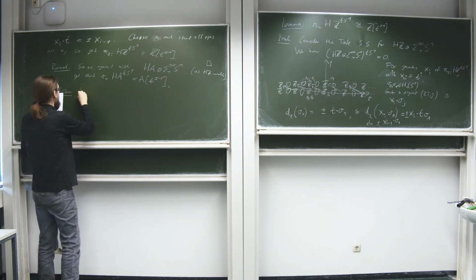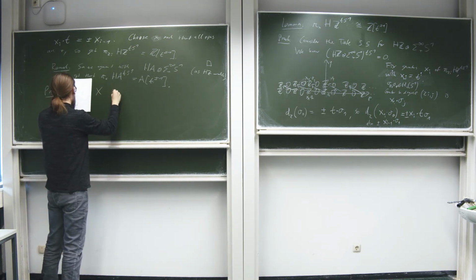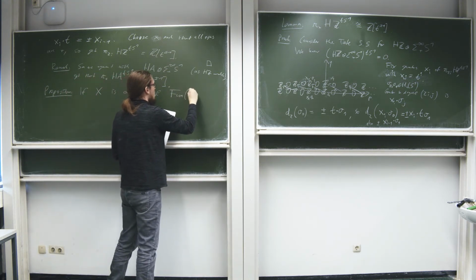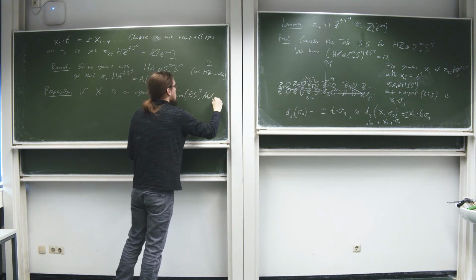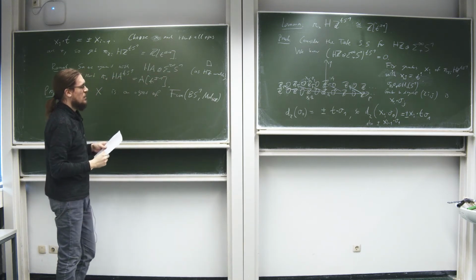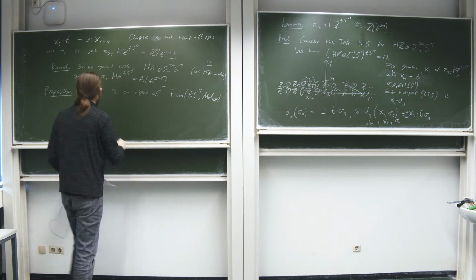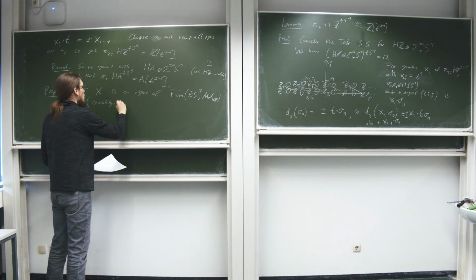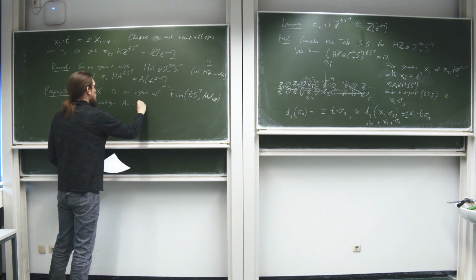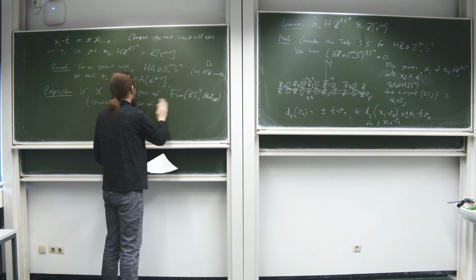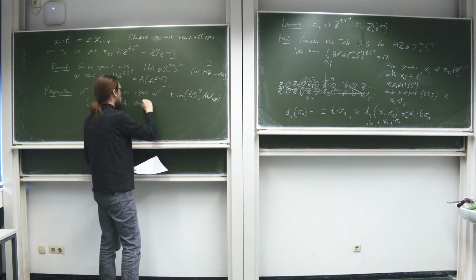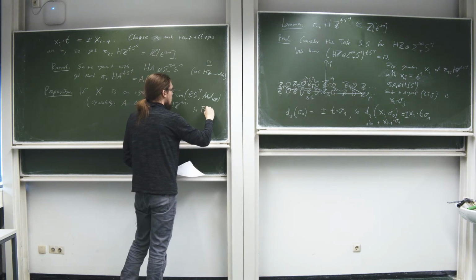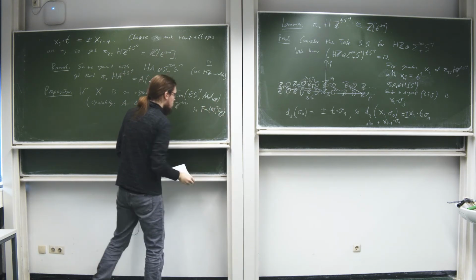And so the generalization is that if X is an object of Fun(BS1, Mod HZ), so an HZ module together with a BS1 action, with an S1 action, or equivalently an object of a module over HZ with the trivial action in the category of spectra with S1 action.